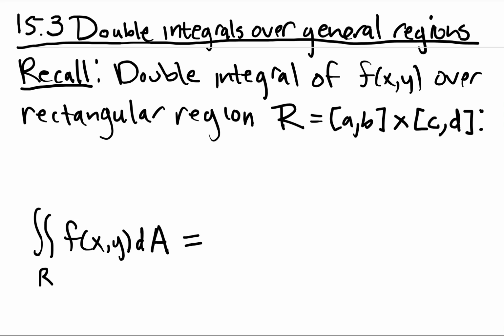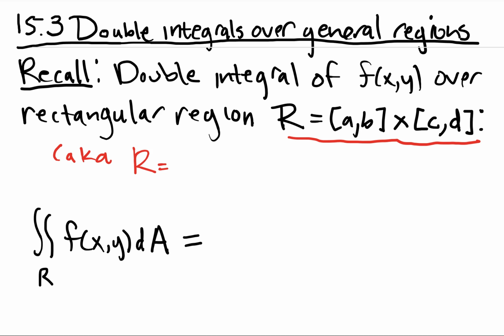Recall from the last time that we saw each other, we discussed double integrals of functions of 2 variables over rectangular regions. Now, a comment, this is one way that I can express the rectangular region, this interval cross interval notation. Another way that we could do this was set notation.